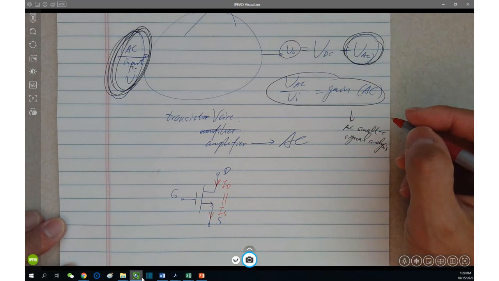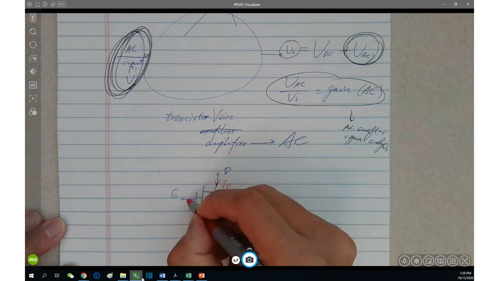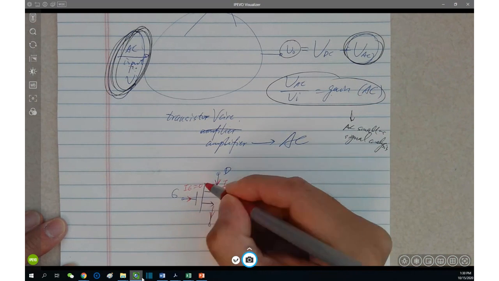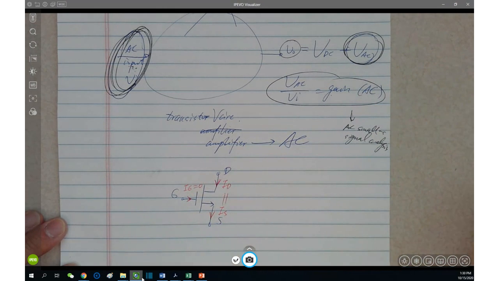What does IG mean? IG is this current. IG is 0. This is a big deal. IG equals 0 means what? Anyone? Doesn't mean anything to you? As an electrical engineer, you should immediately come up with a conclusion safely.